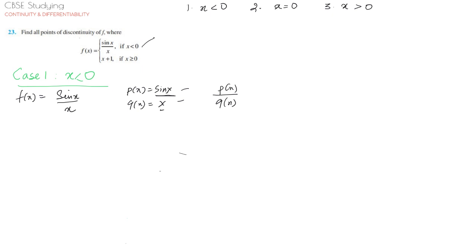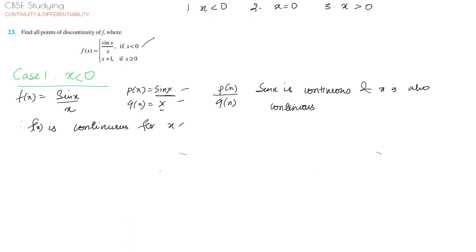Therefore, we can say that since sin x is continuous and x is also continuous, therefore f of x is continuous for x lesser than 0, right?